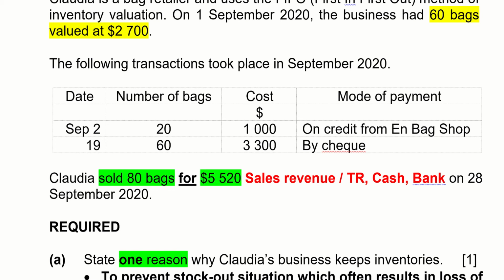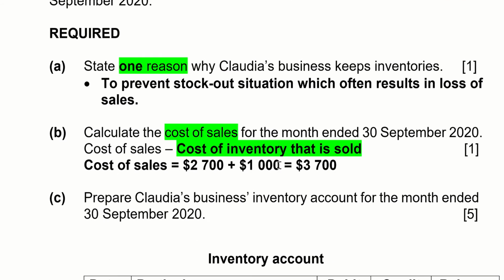So 60 bags at 1200 is the first batch, but they sold 80, right? So where's the next batch coming from? This 20. All right. So the 20 bags cost you $1,000. So the cost of sales for 80 bags is these two highlighted in yellow, and that would be $3,700 over here.